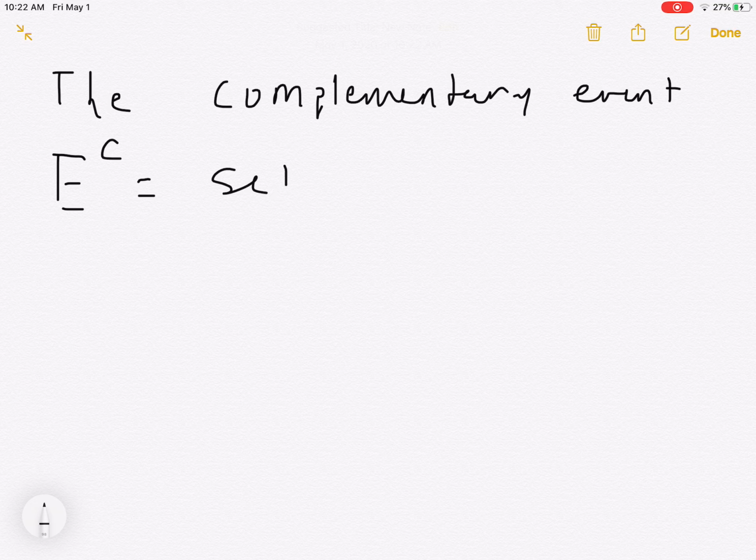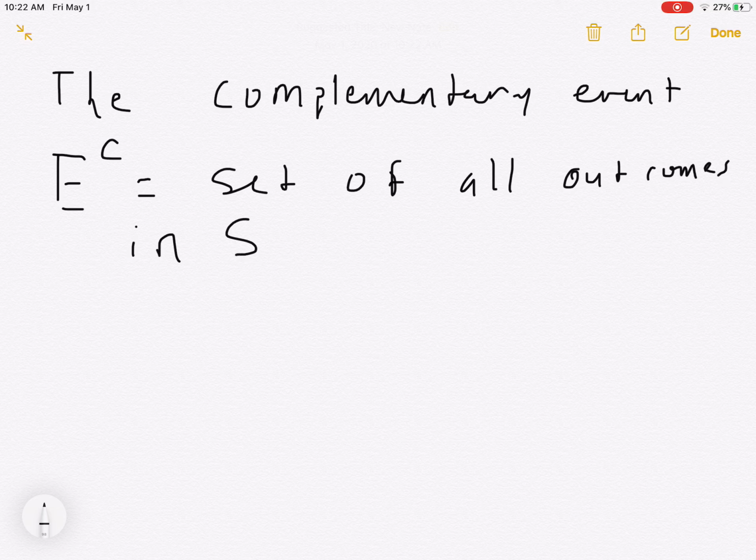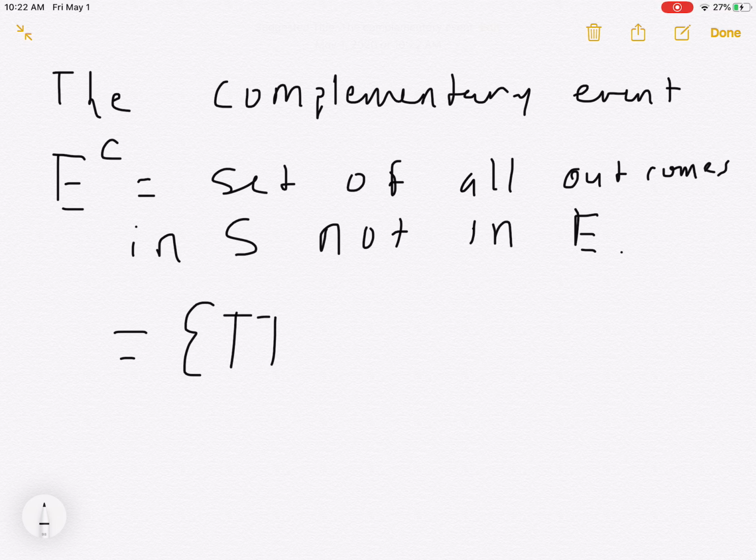This is the set of all outcomes in the sample space S, not in E. So for example, if E is the outcome of exactly one heads, then the set of outcomes in S, not in E, are going to be tails, tails, tails, no heads.